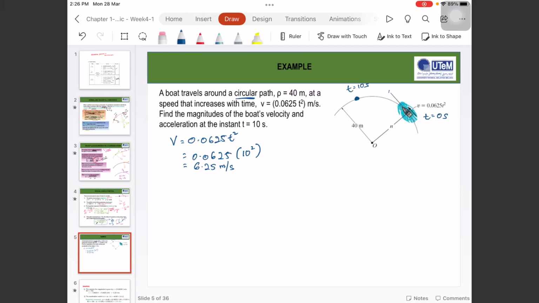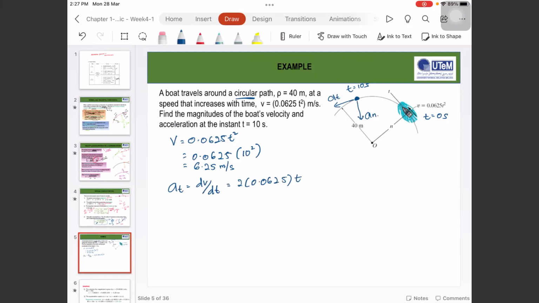Okay, so we know that you have a tangent and we have a normal. Okay, so a tangent is dv over dt. Just differentiate. You have 2 times 0.0625 t.